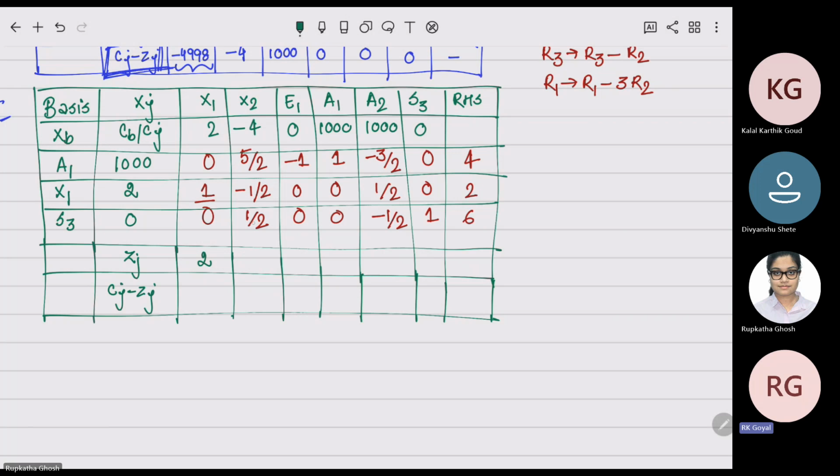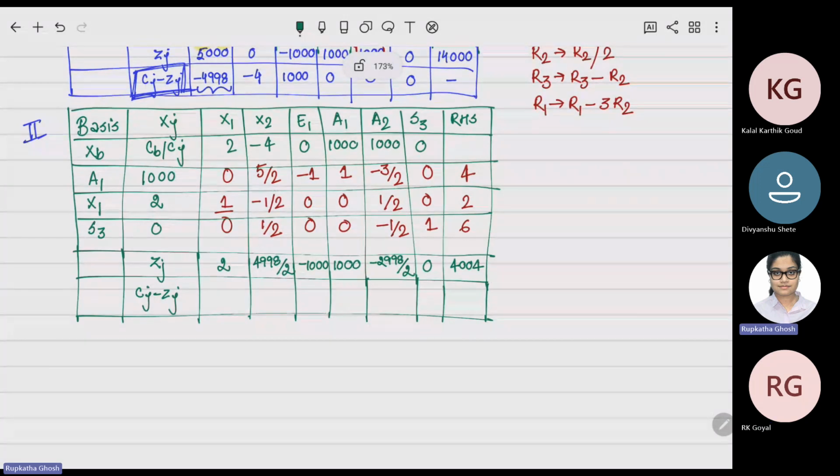So Zj value in the first column is simple 2. Then 4998 by 2, right? Minus 1000, 1000, minus 3000 plus 2, minus 2998, 0, 4000 plus 4, 4004. Okay. This is clear, right?